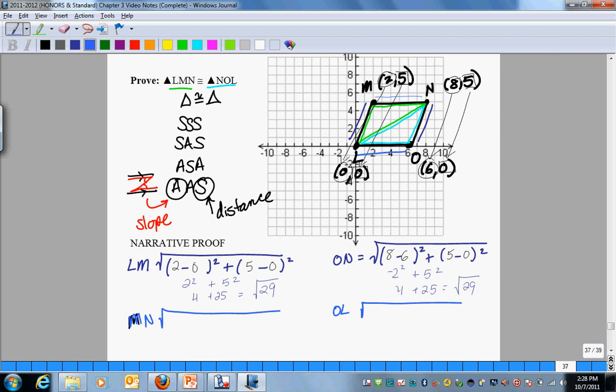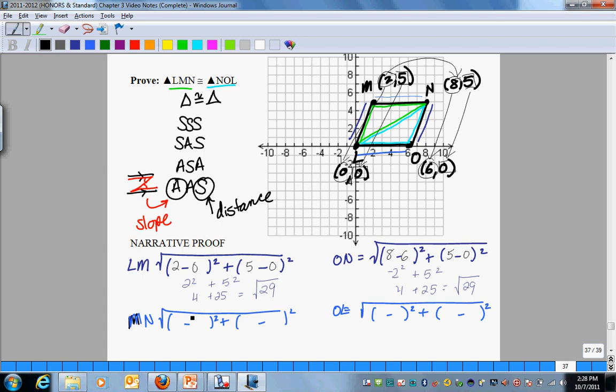Set up your templates. And we'll do the math. So now we're going to go x to x going horizontally.